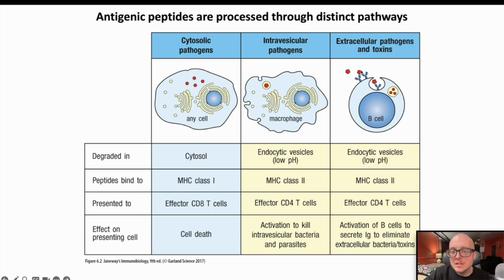And BCR cross-linking actually induces the process of endocytosis. And so B cells, remember, are professional antigen-presenting cells, and that means that they are capable of presenting antigen on MHC class 2 as well.